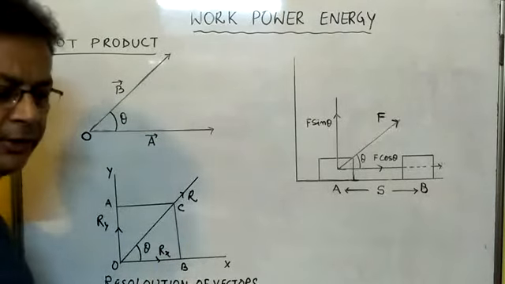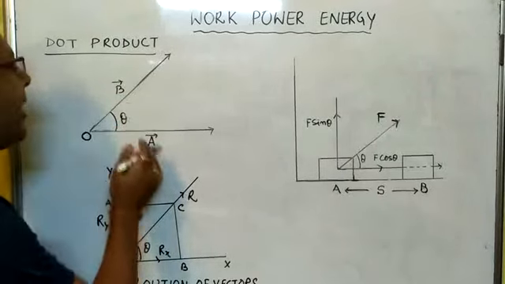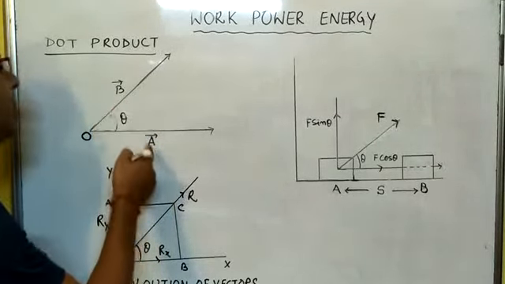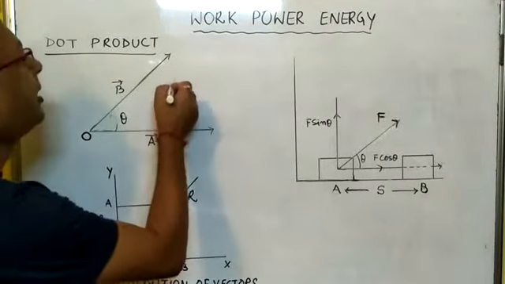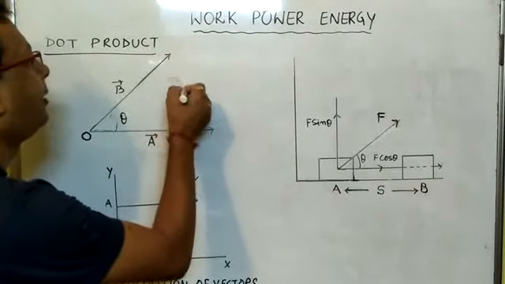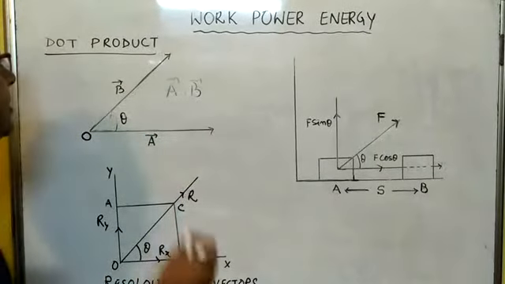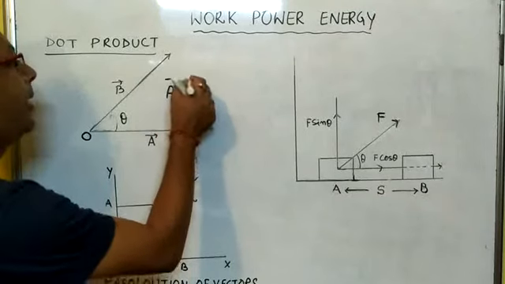If you have two vectors, A bar and B bar, and you multiply A bar with B bar, then you write it like this, A bar dot B bar.